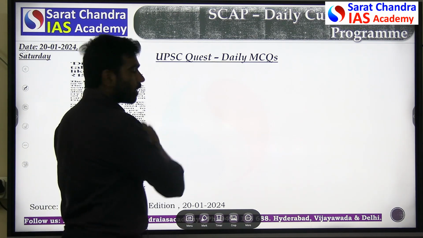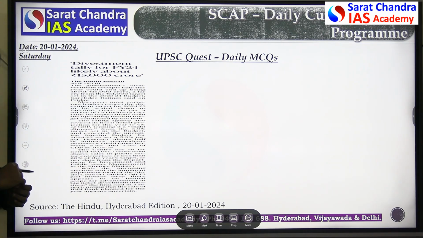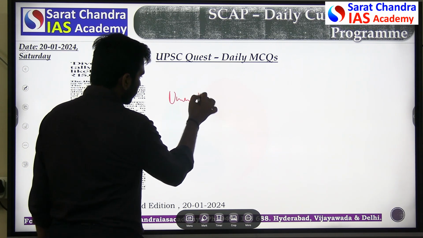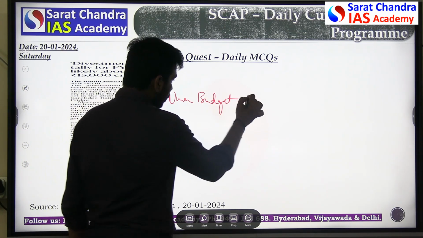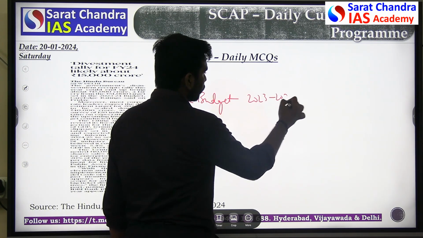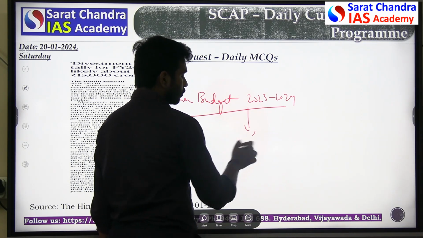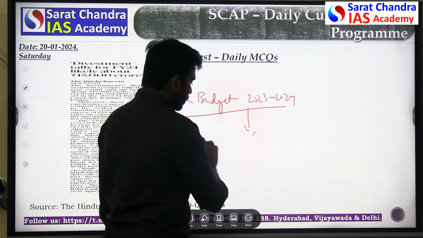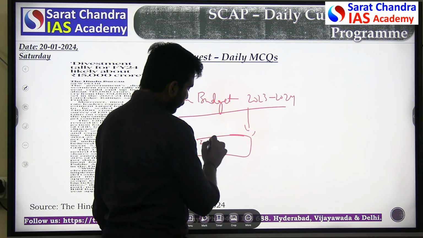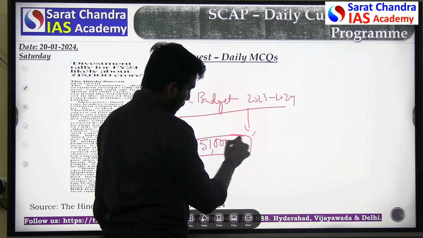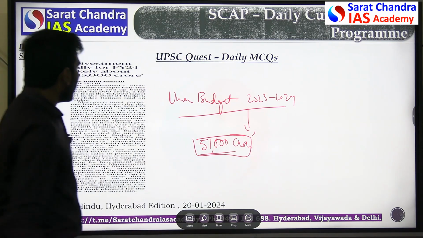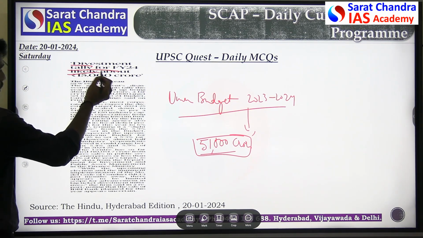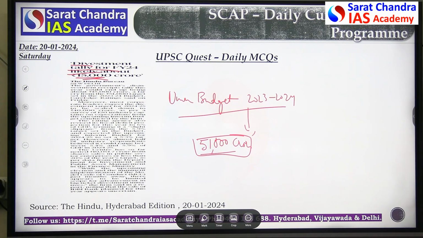This is the article replicated in today's newspaper. In Union Budget 2023-2024, the central government of India set a target of strategic disinvestment of 51,000 crores, but this article highlights that the disinvestment tally for financial year 2024 is likely 15,000 crore only.